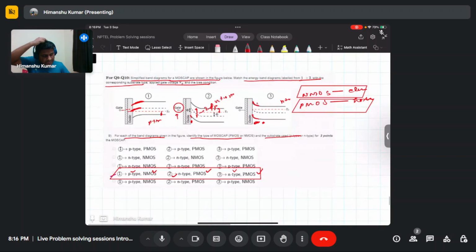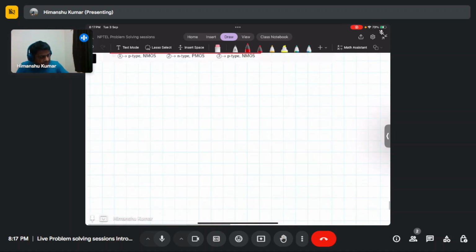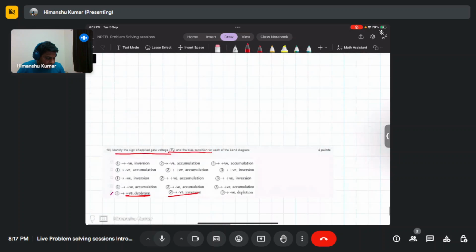And in the same case, the inversion is not so high that it inverts the surface potential to minus 2 phi f. It just becomes totally depleted. Ei has become equal to EF, and you can characterize that as depletion. Since the band is moving up, the applied voltage is negative.